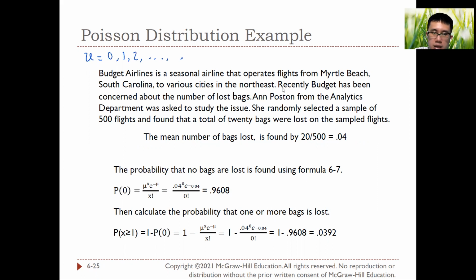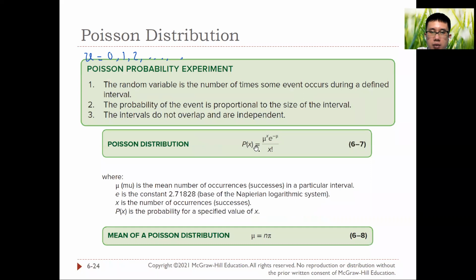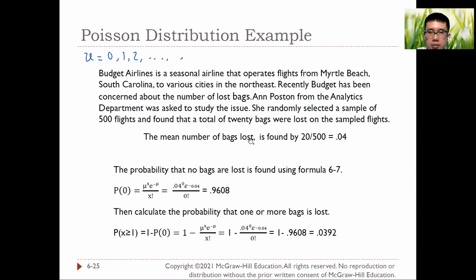We consider the flights as an interval here. And to find the probability of Poisson, we need the mu, the mean, and also the specific value of little x. Here our mu, the mean, is found from 500 flights.